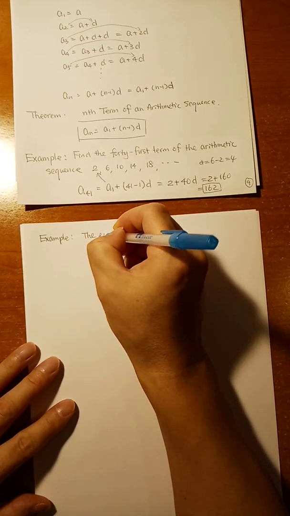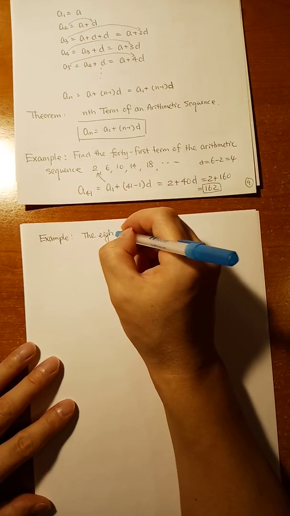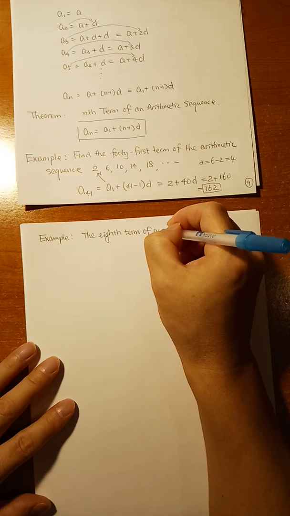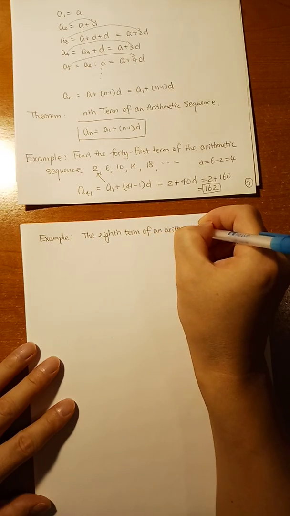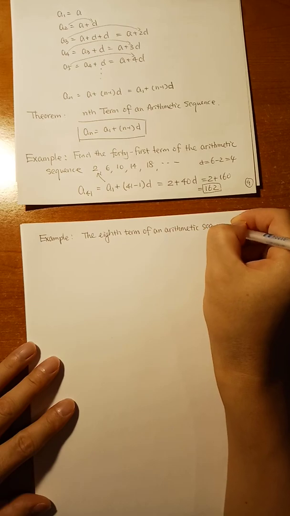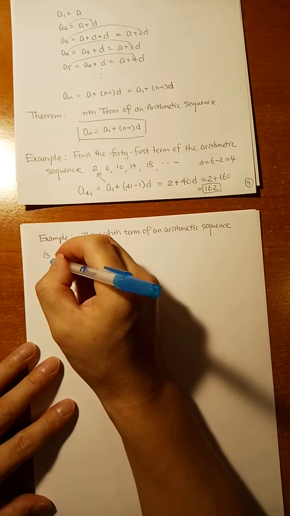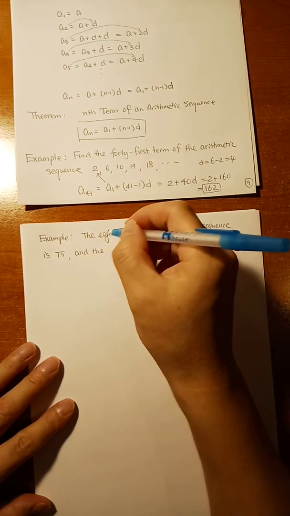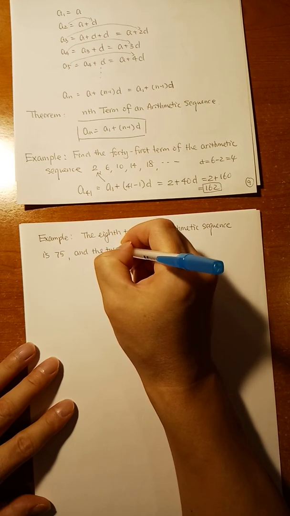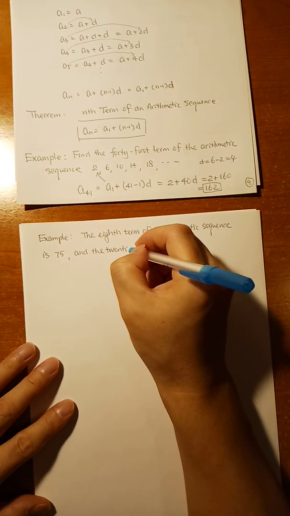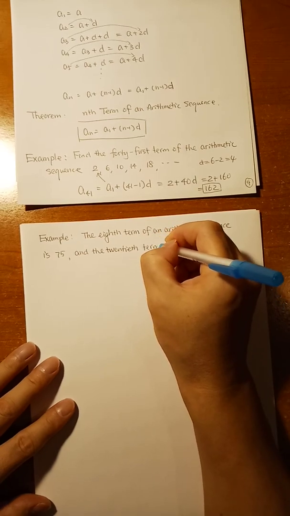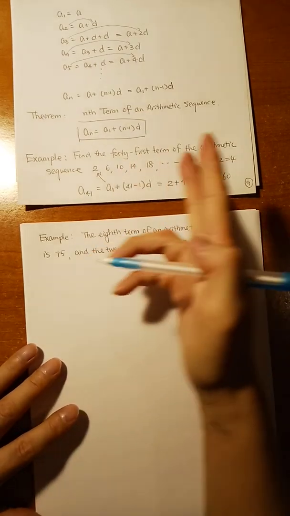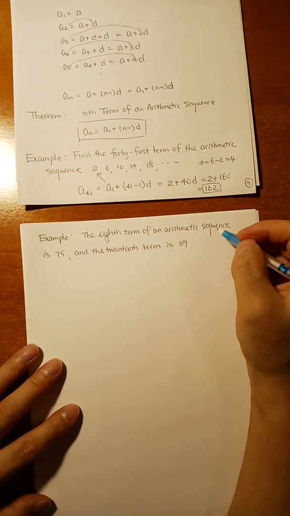The 8th term of an arithmetic sequence is 75, and the 20th term is 39. Okay, so we know two terms from an arithmetic sequence.